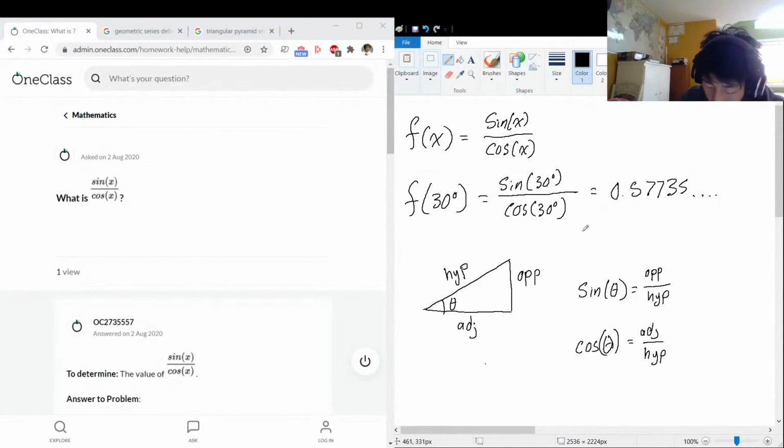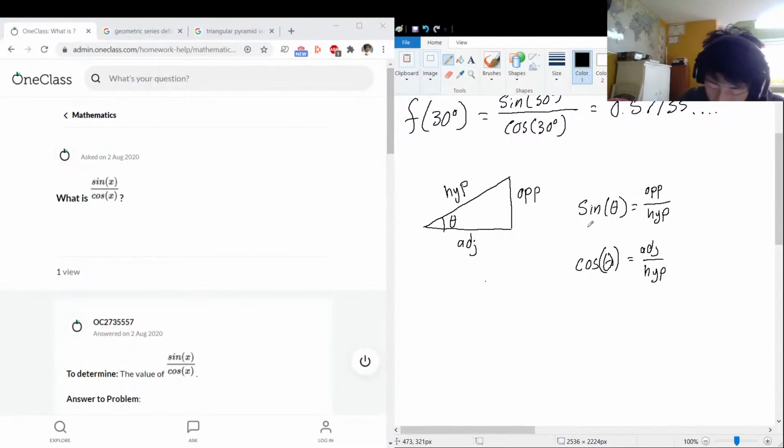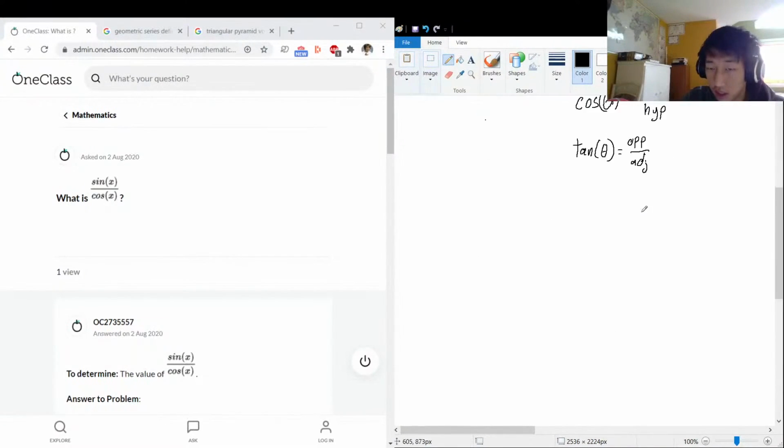Okay, so there's something else here. We know a tangent is opposite over adjacent. Up over adjacent. Let's actually send these equivalences into our original equation here.